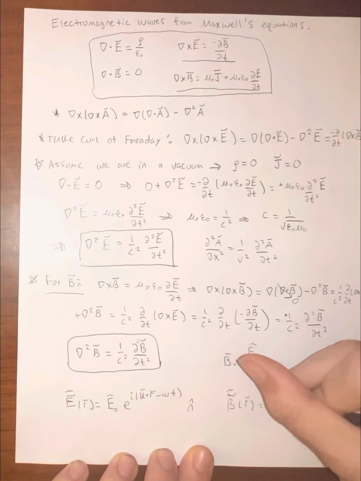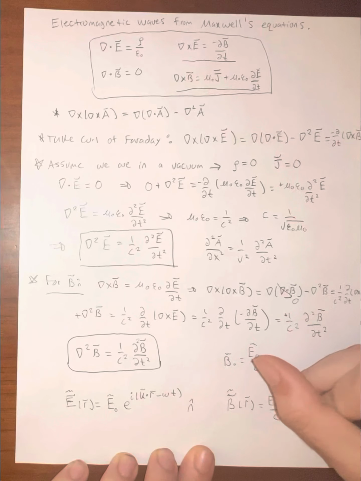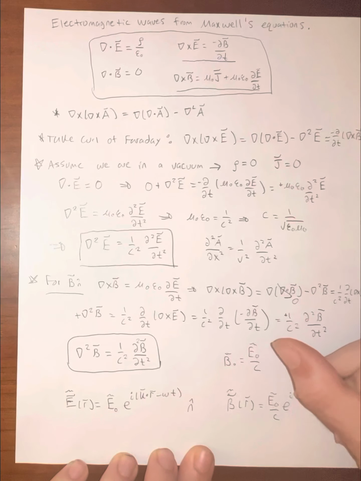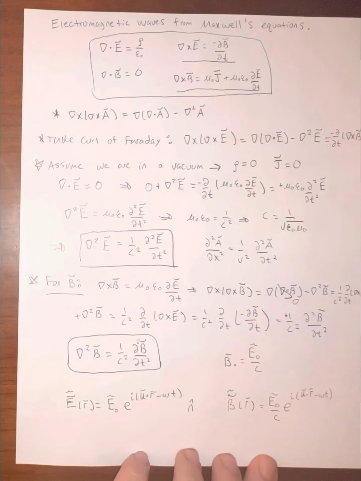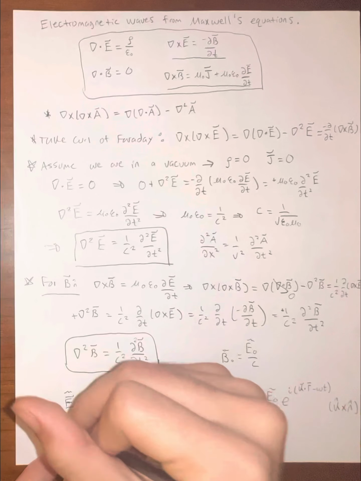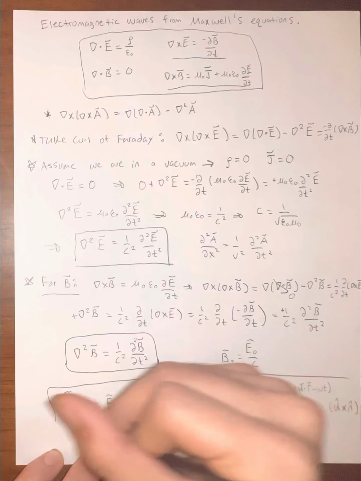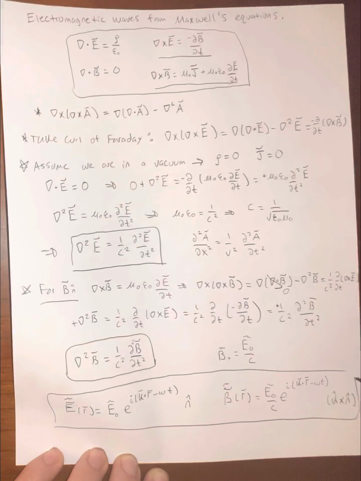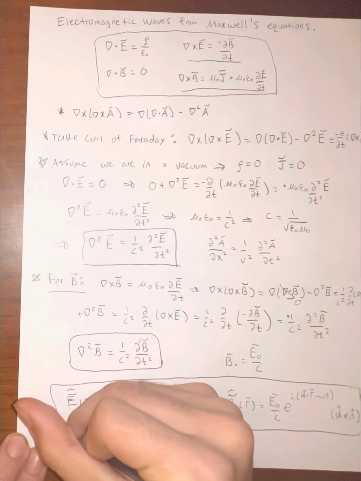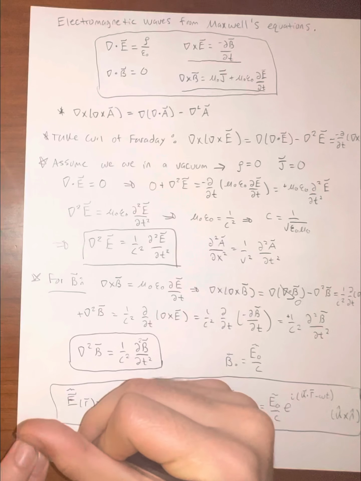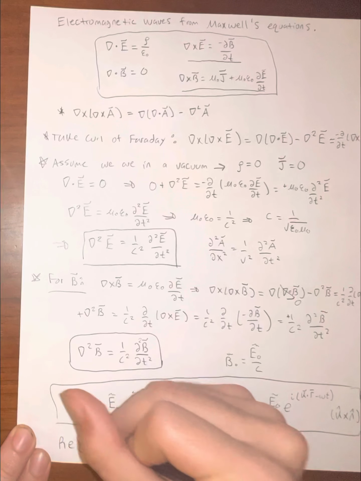So we can just write it in terms of the electric field, exponential i k dot r minus omega t, but the direction is now propagation direction crossed with the polarization of the electric field. So these are the solutions. And then if we want to just take the physical part of the field, just take the real part of the complex solution.